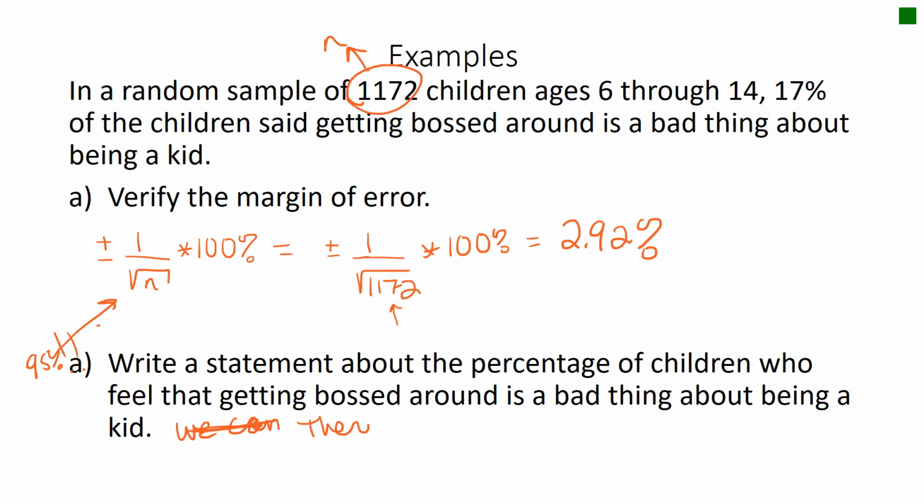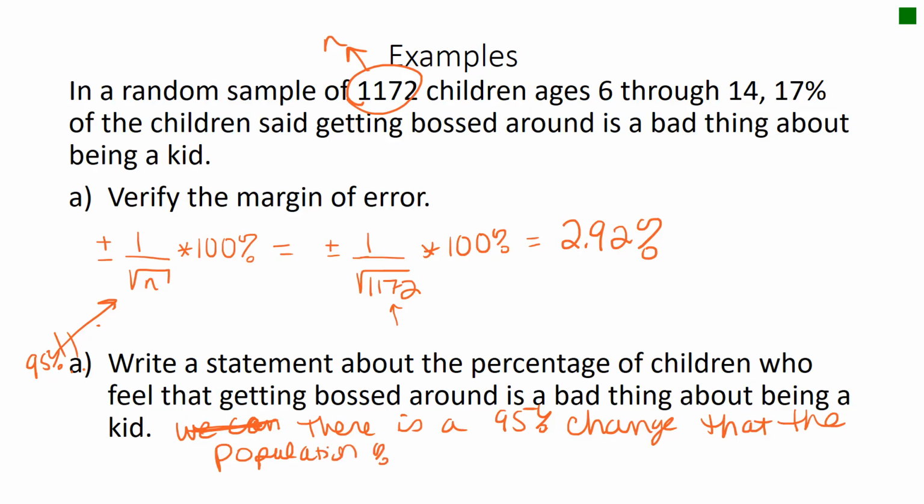So there is a 95% chance that the population percent, so all kids 6 through 14, lies between. The sample is 1172 children, ages 6 through 14, so the population is all children between 6 and 14. So there's a 95% chance that the population percent lies between.